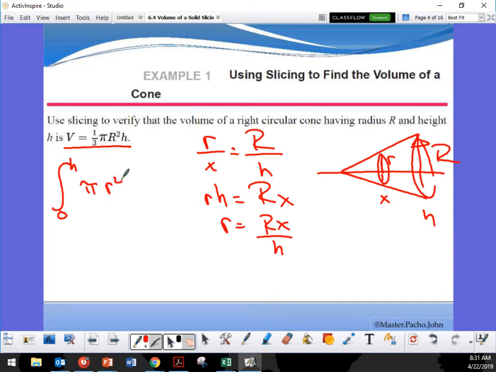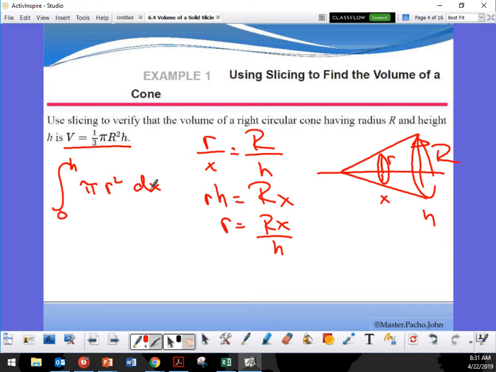And that's a circle, right? There's pi r squared. And from my formula, I'm going to have a dx because it's going to be the thickness of those. Dx is the thickness of each one of those little circles that I have. Now, what is r going to be equal to?